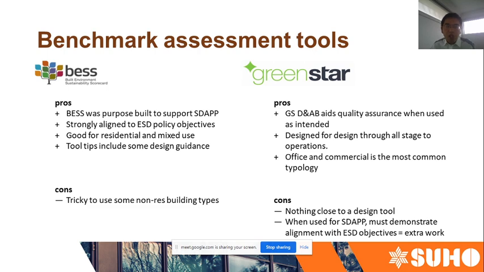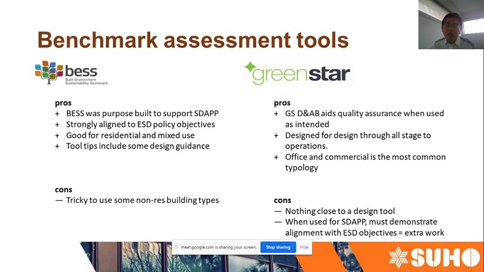So it's strongly aligned to council's policy objectives, and it's good to use for residential and mixed-use developments. It is more like a design guidance rather than a rating tool. But it also has some drawbacks. One of the drawbacks is that it is tricky to use BESS to assess non-residential buildings.